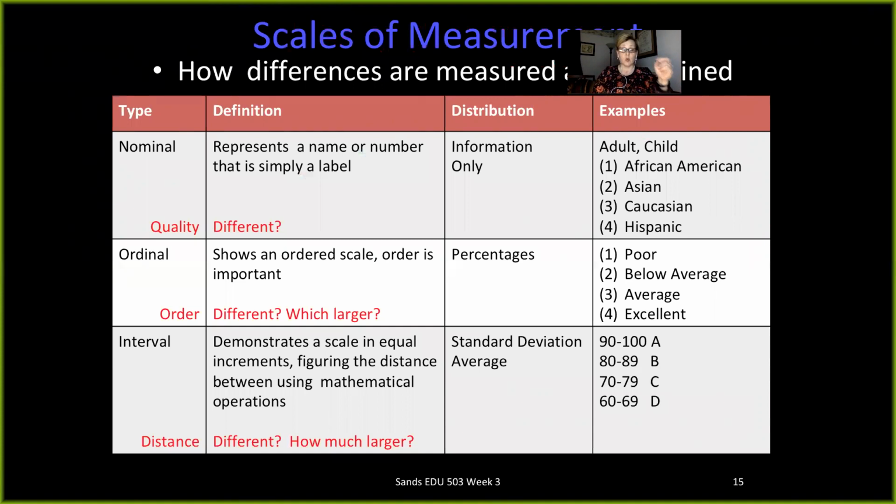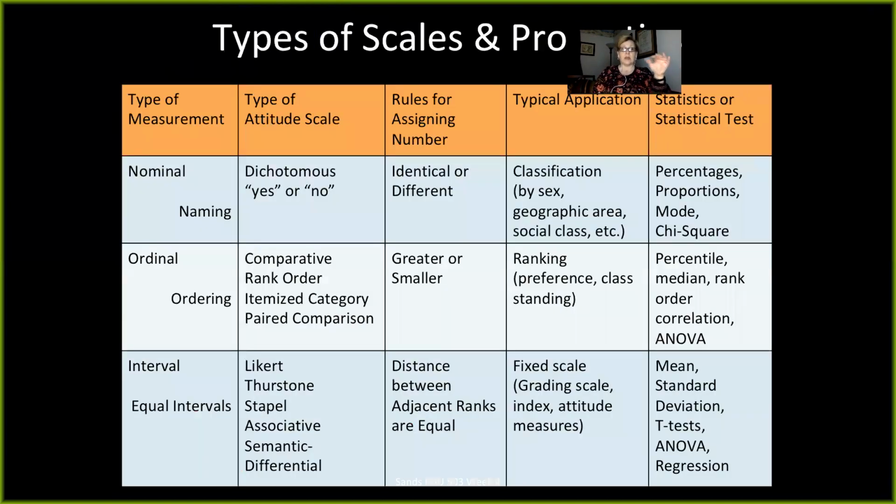Everybody with a quantitative study will have ordinal or interval, depending on what direction your study takes. In a qualitative study, you may simply have observations and you will not be ranking students or performance or behaviors, but usually you have at least nominal. And so on this types of scales and properties, these are examples of tools that you actually use and terms that you reference to do those sorts of tests.